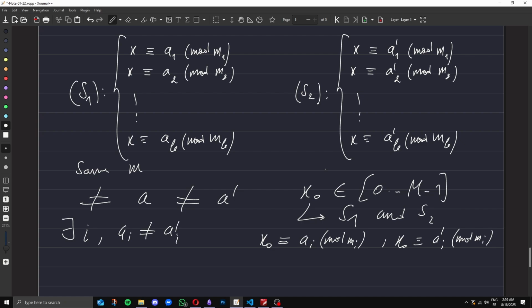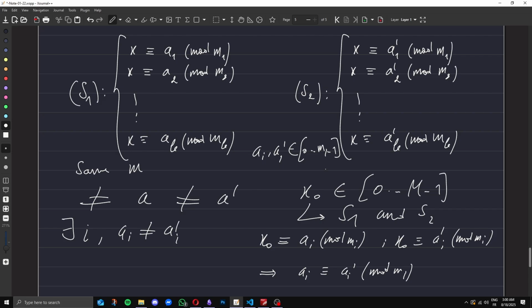Okay. Now, this means that ai is congruent to ai prime because they are congruent to the same integers as x0, which means they have the same integer. Now, remember that ai and ai prime are remainders, so they both are in this integer range, mi minus 1.